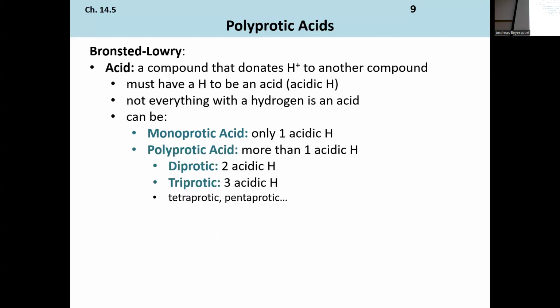We can have polyprotic acids. Polyprotic, poly meaning many, protic meaning proton, so it produces many H+ or more than one H+. So we can call it diprotic or triprotic or tetraprotic or pentaprotic. If you remember your prefixes, diprotic means it has two H+, and triprotic means it produces three H+.